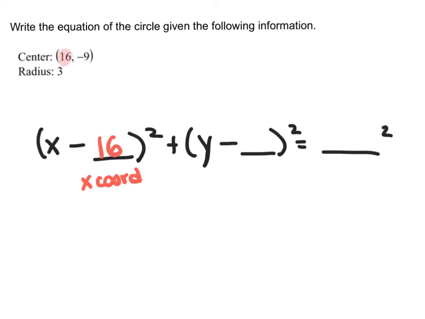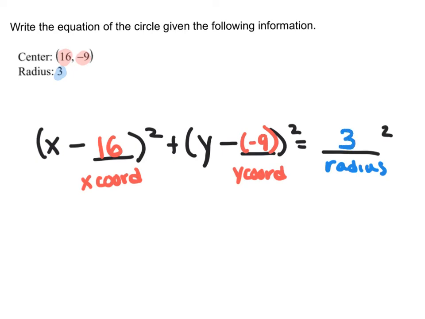So I can fill in minus 16. The next blank is the y-coordinate of the center, which I can identify as -9. So it's minus negative 9. And the last blank is the radius, which I can identify as 3 from what's given.